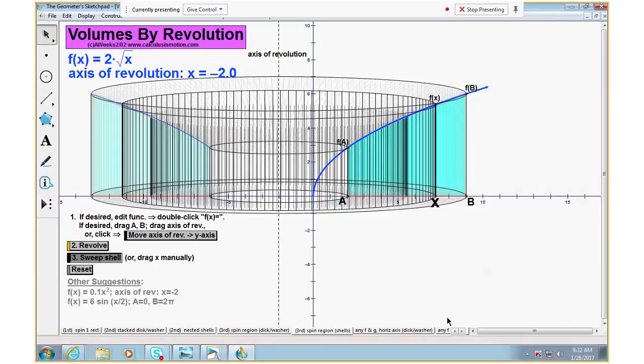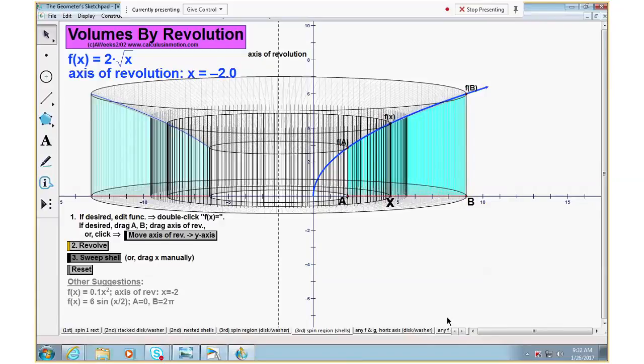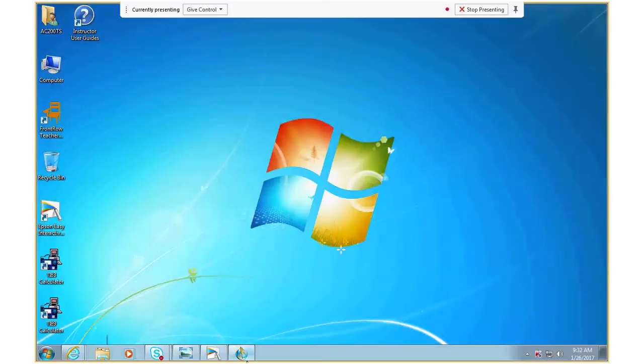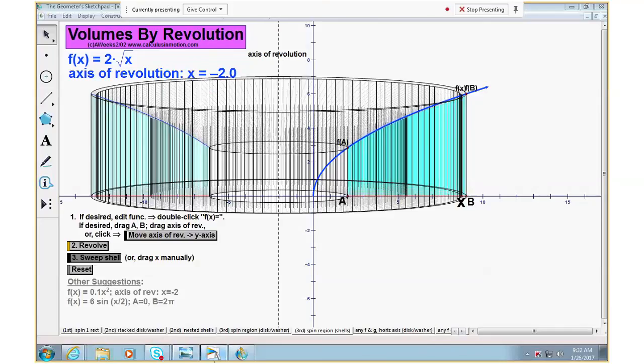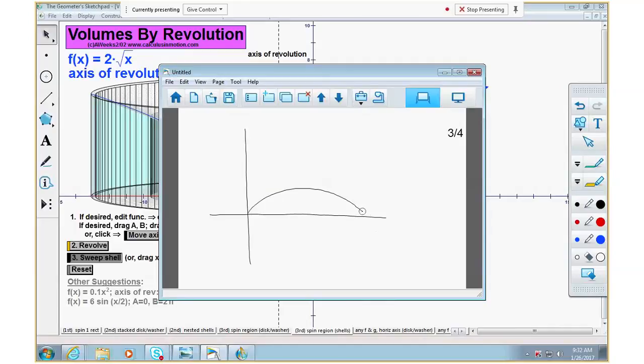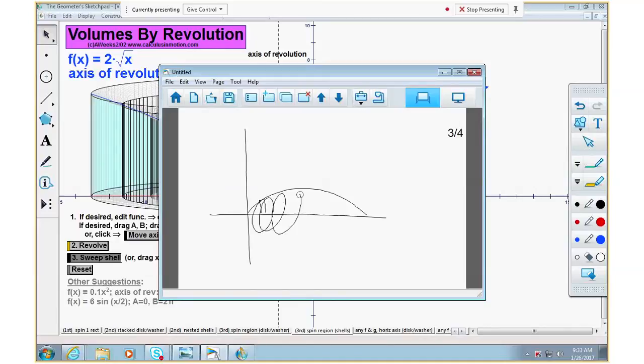If I give you this, and you revolve around the x-axis, then your volume is going to be a what? It's going to be a football.